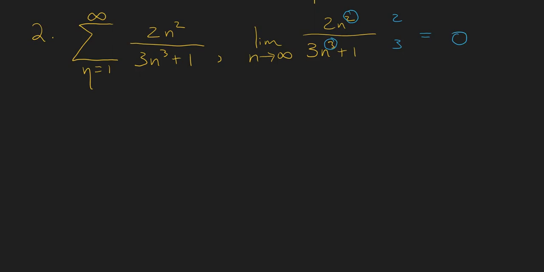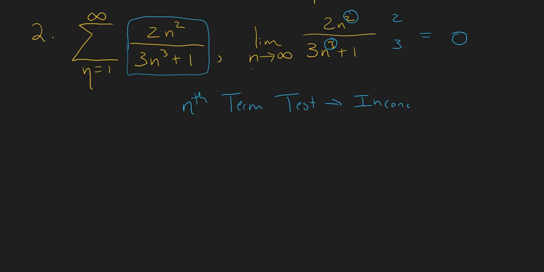And since the limit as n approaches infinity of this equals 0, we cannot determine divergence from the nth term test. So the nth term test would yield an inconclusive result.